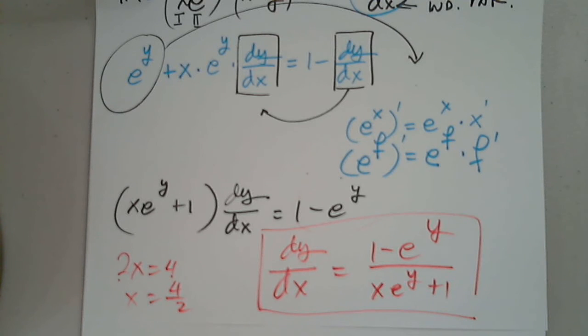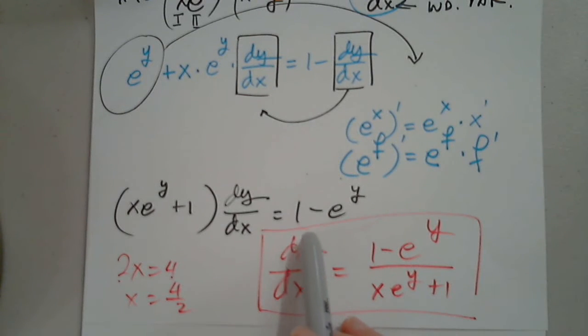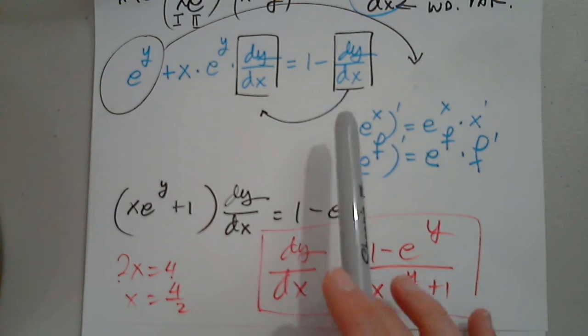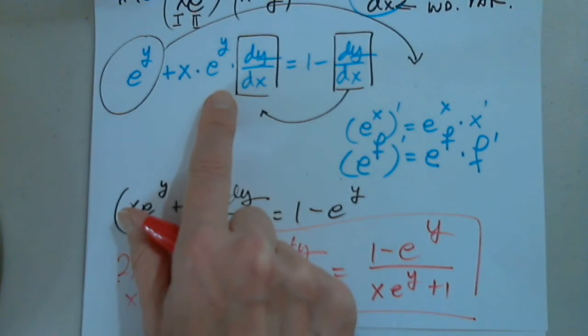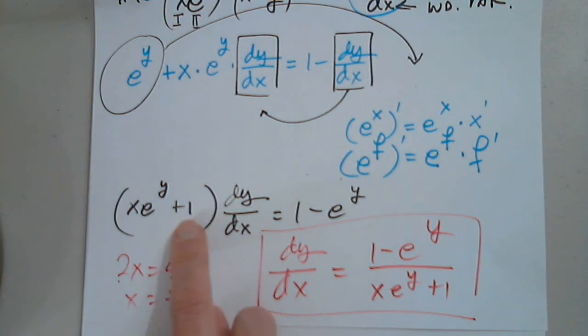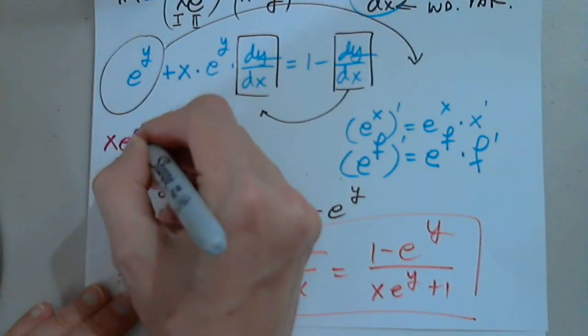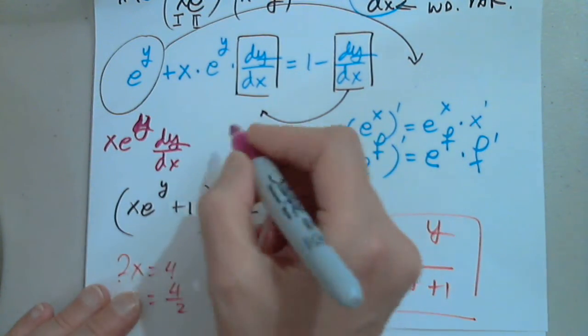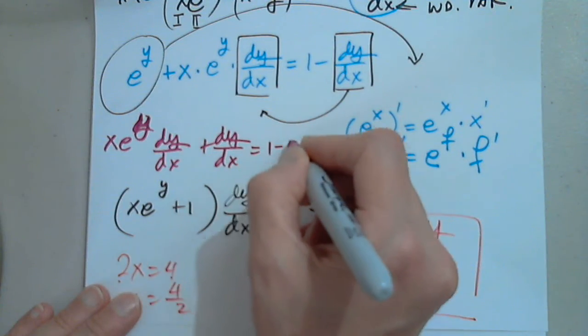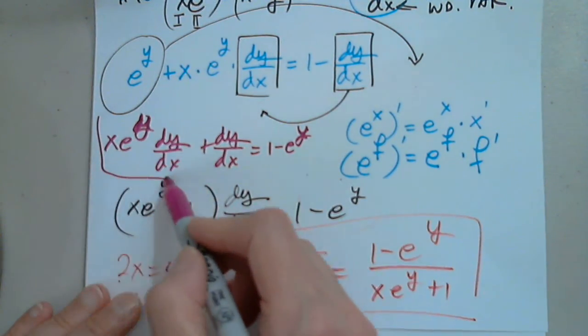And that part of it, how'd you get rid of it on the 1 minus the dy? My issue is you're moving a negative dy dx to the other side, which would become adding dy dx to the other side. So dy over dx times this is this. Yes. Dy over dx times 1 is this. Let me write it. dy over dx plus dy over dx equals 1 minus e to y.